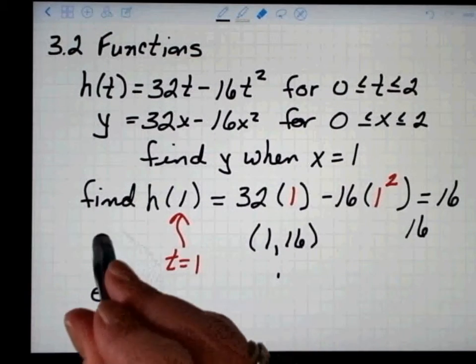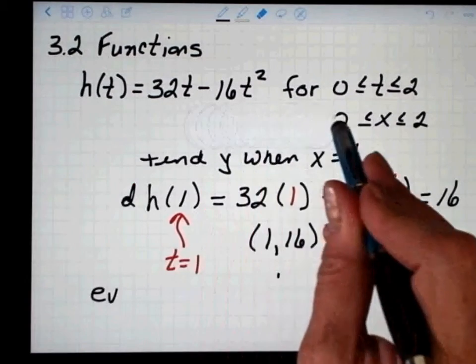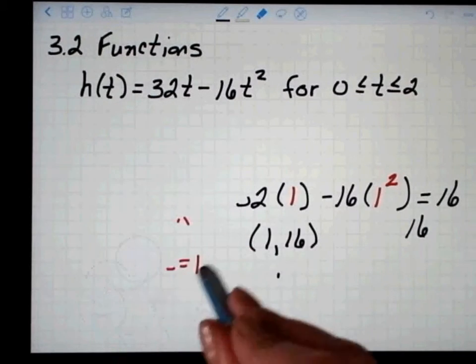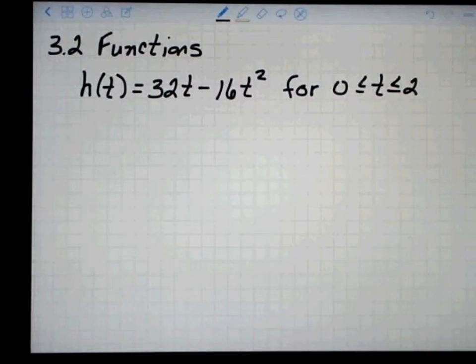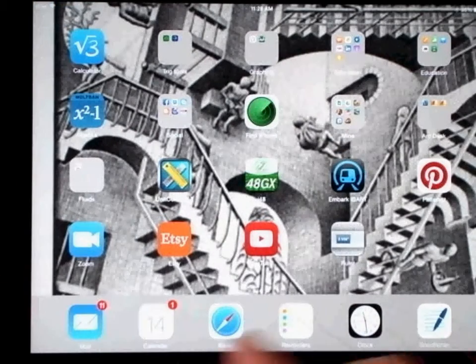There's some more stuff we want to know about functions. And I'm going to stick with this one. I'm going to make a graph of this real quick. What you would do is plug in different t values and find different h values, just like they did in your textbook. I'm actually going to use a graphing utility called Desmos.